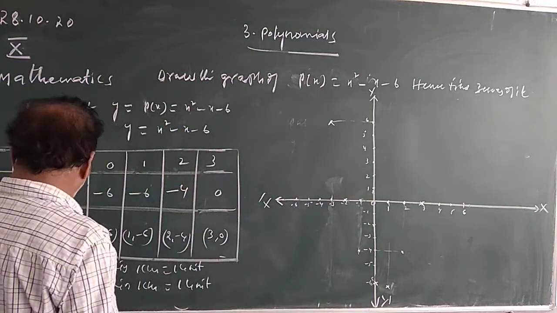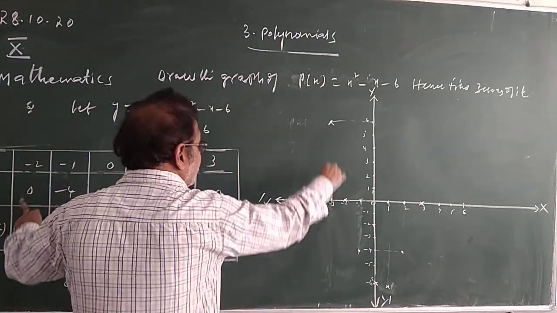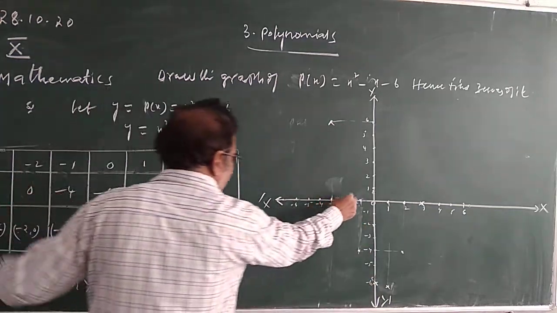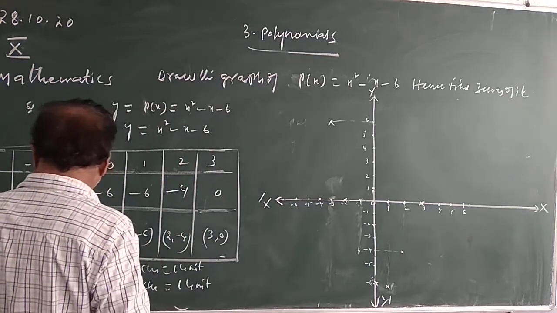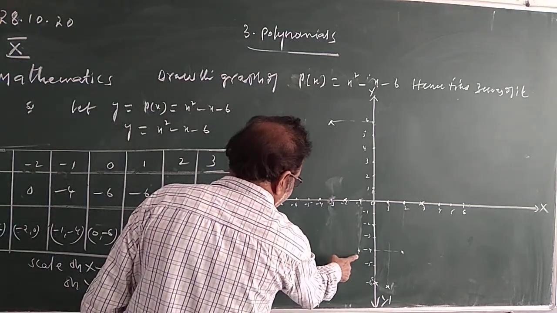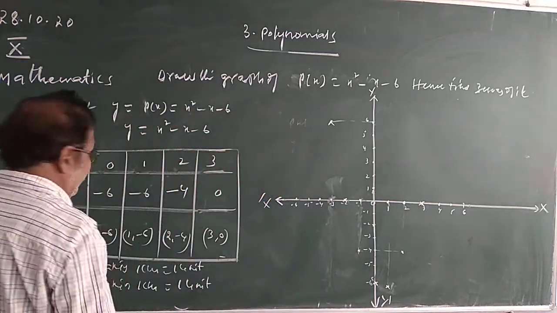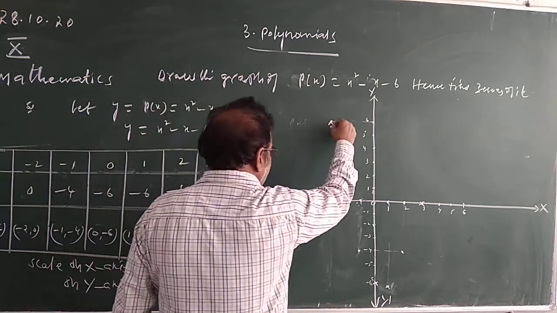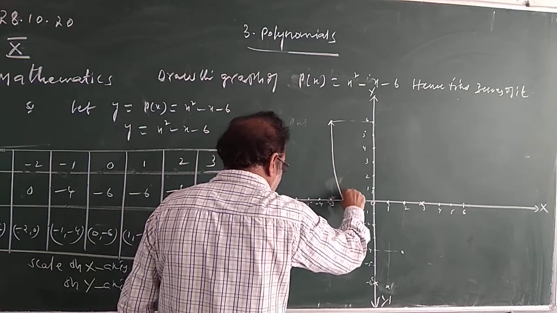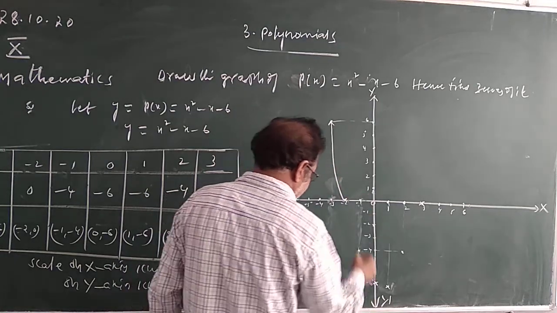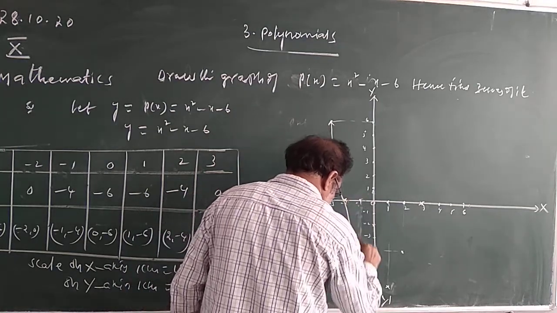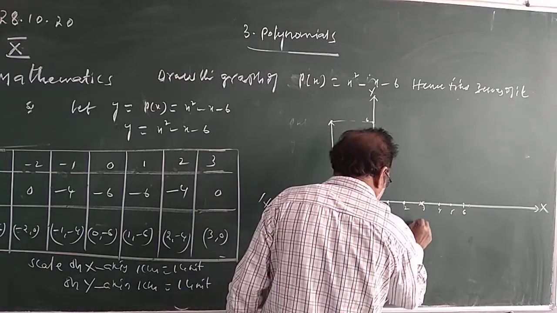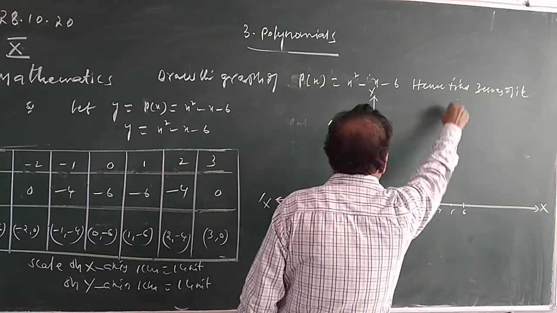Corresponding to minus 2, 0, join; corresponding to minus 3, 6, like this, join. You can extend like this.